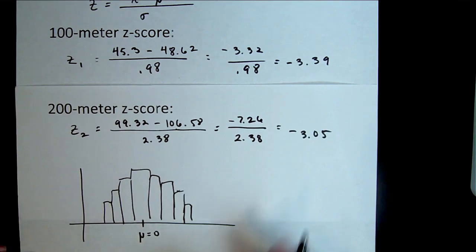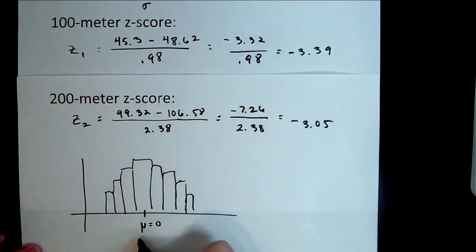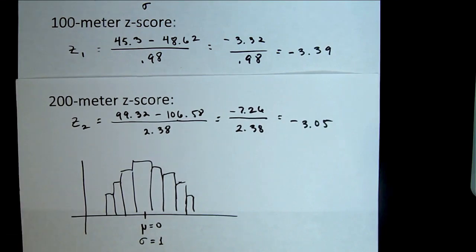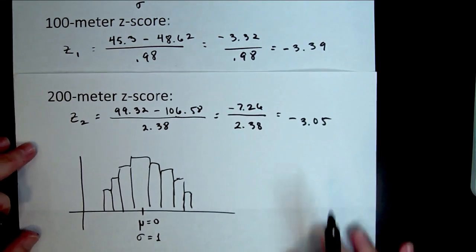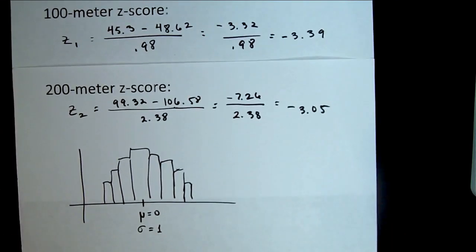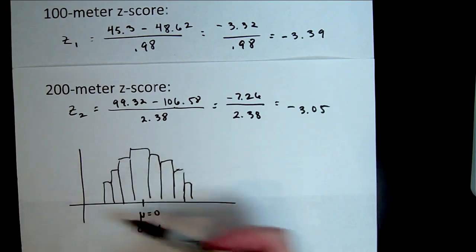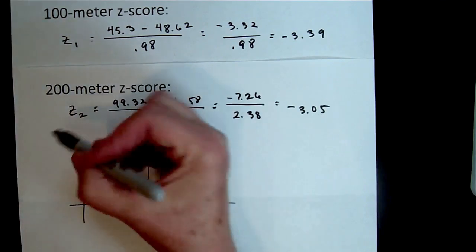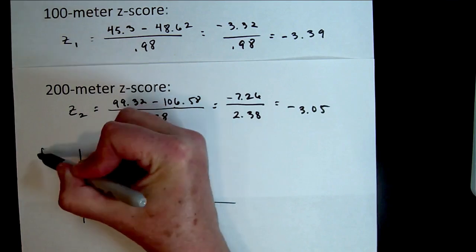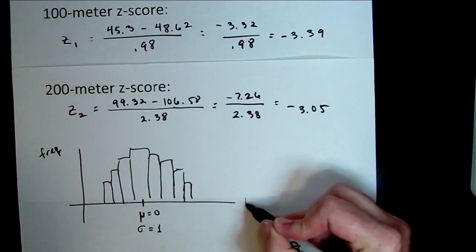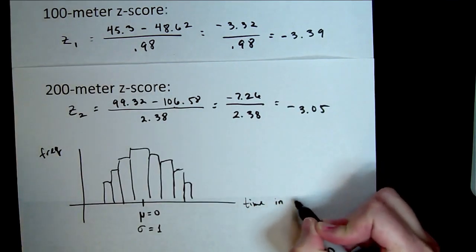Remember, that's what this z-score kind of does, and the same standard deviation of 1. So it gives us a way of comparing where this guy's time falls in terms of all possible times. So this is a frequency distribution, time in seconds.